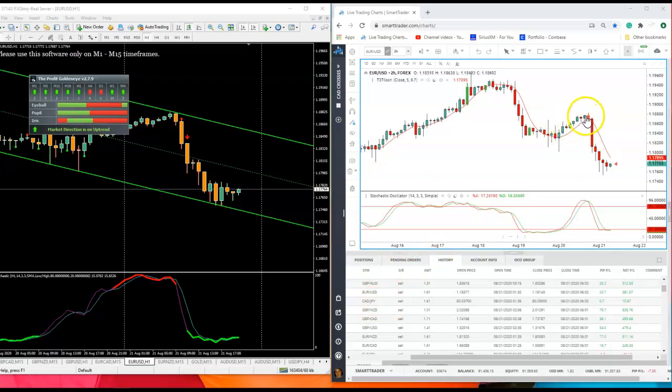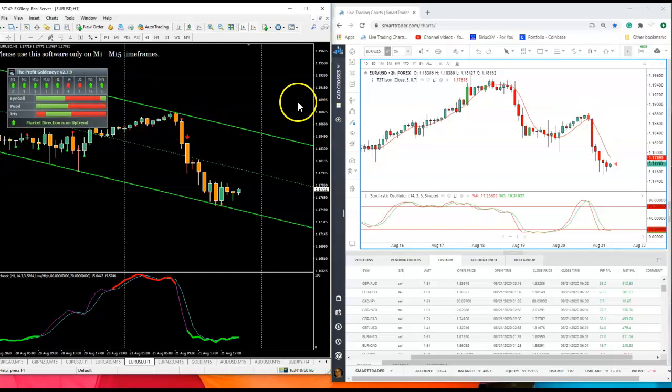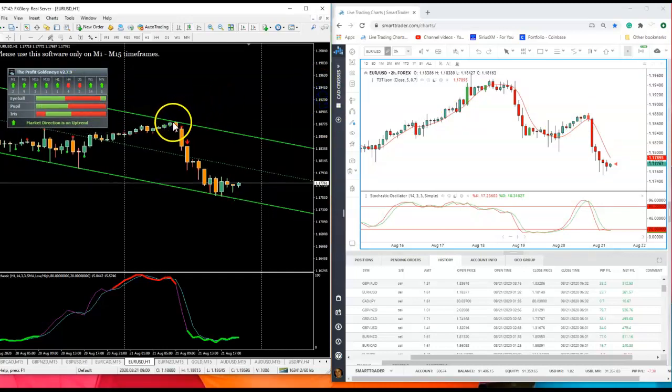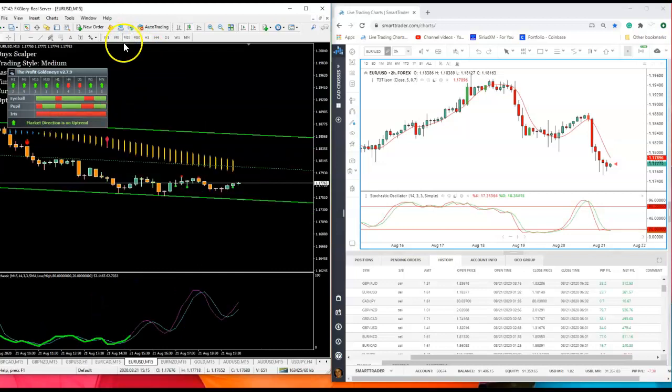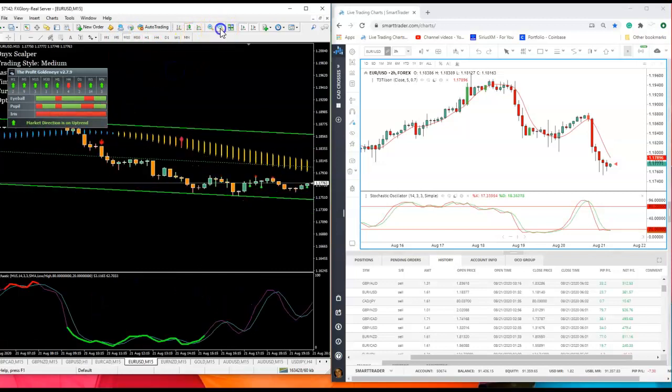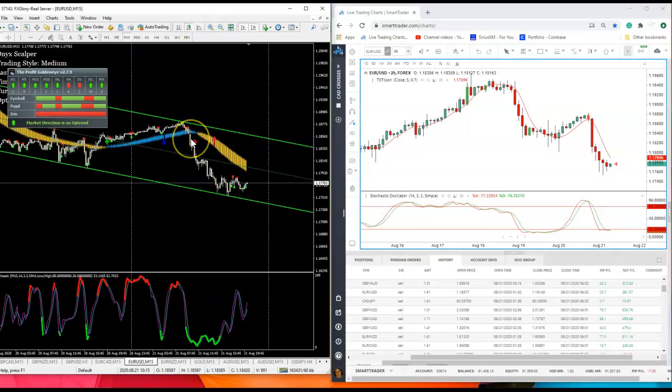This actually started late, before the New York session. On the left-hand side, you see the euro dollar hitting the backside of the Jackhammer, and then we have a sell signal on GoldenEye. If I switch over to the 15-minute chart, there's the Onyx Scalper giving us a sell signal right there.